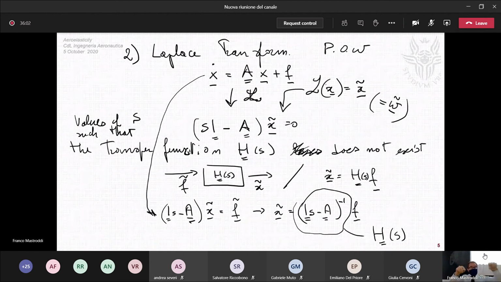Note that the determinant of H going to infinity means determinant of (sI minus A) equal to 0, which is equivalent to the eigenproblem in the calculus point of view. Okay, so this is just the same. These two points of view are identical for discussing the stability.